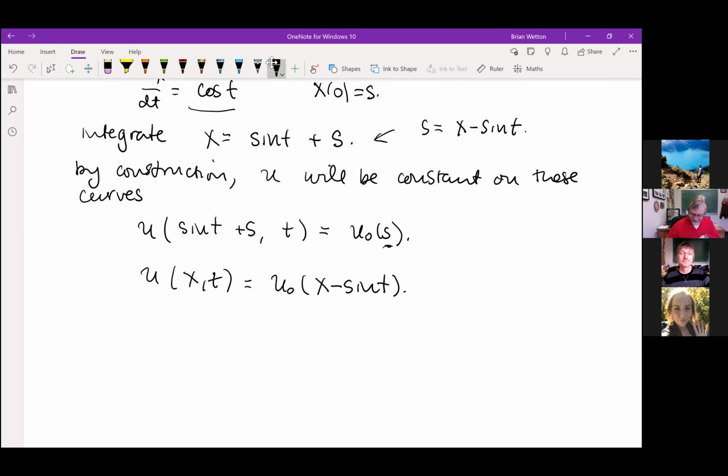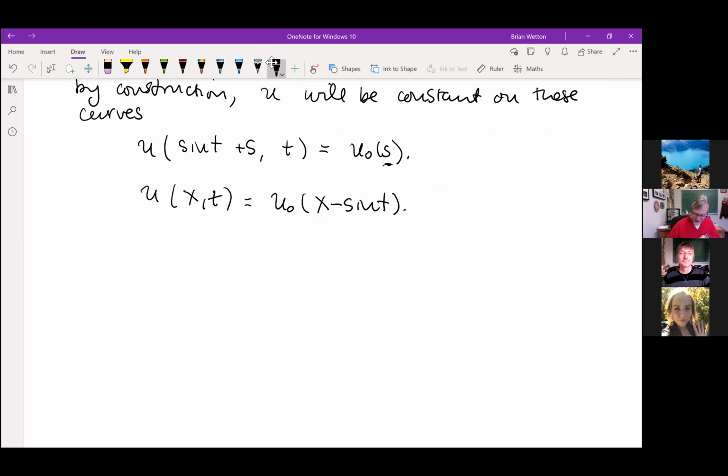Okay, so let's have a look. Let's see if I can draw this picture. I don't have this picture in my notes, I don't think. Right. Okay, so now I have to see if I can actually do this. I'm used to drawing the sine t graph with the axes the different way.